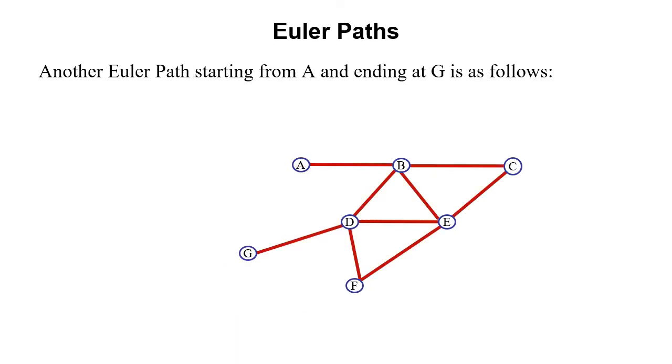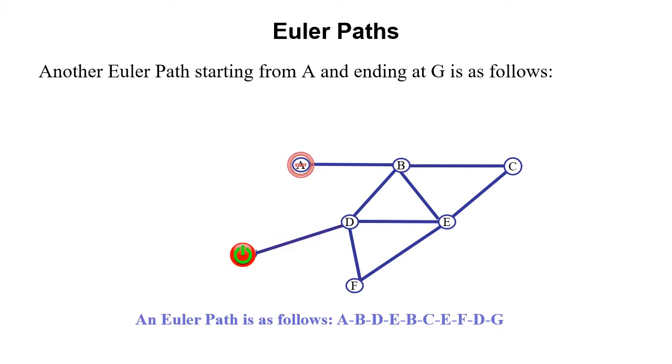Another example of an Euler path starting from A and ending at G is as follows, and you can find as many as you want. So that's another example of an Euler path starting from A and ending at G.